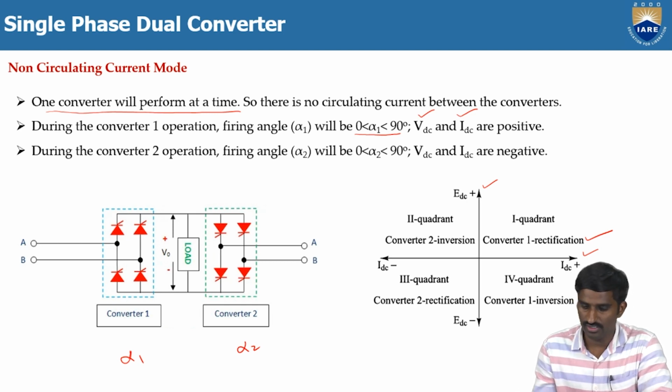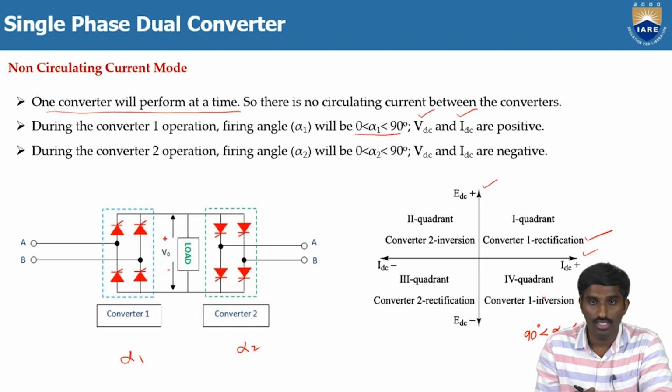And if you want to operate the same converter in the inversion mode, which means from load to source, from DC to AC, then you have to operate alpha 1 between 90 and 180 degrees. Then converter 1 will operate in the inversion mode, where the supply is from the load to the source side.